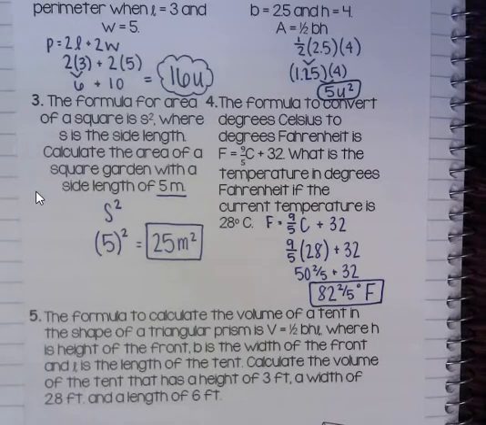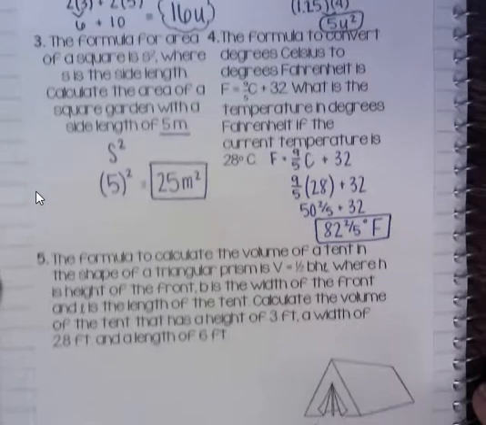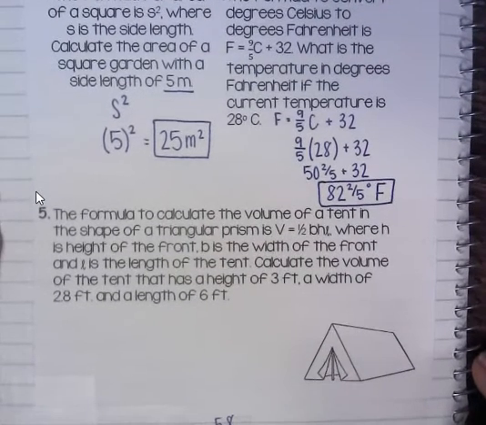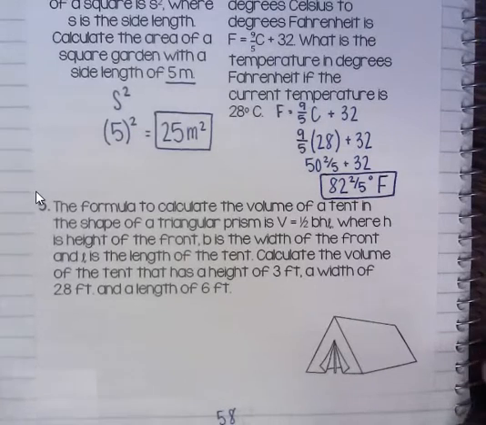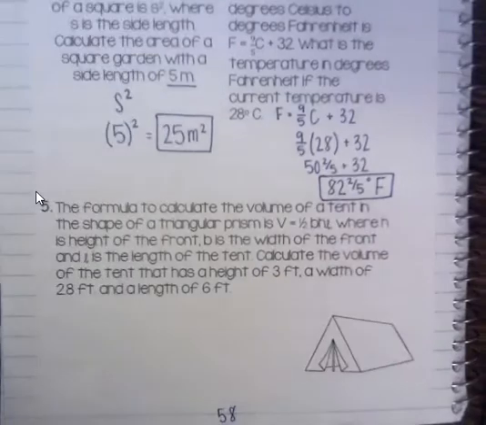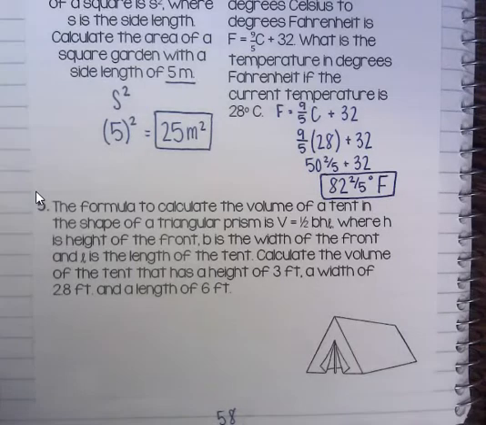All right, the last problem to do together is number 5. Number 5 says the formula to calculate the volume of a tent in the shape of a triangular prism is V equals 1/2 BHL, where H is height of the front, B is the width of the front, and L is the length of the tent.